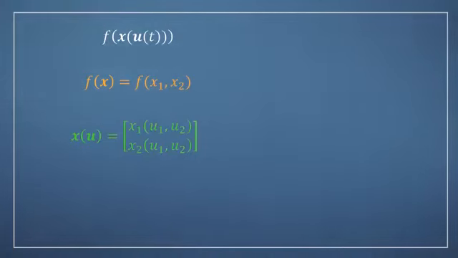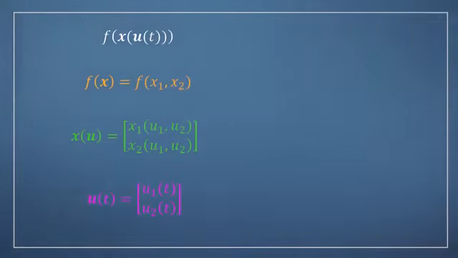As in the last video, the bold symbols indicate vectors. So u is again a vector-valued function, and it takes the scalar t as its input. Ultimately, we are still relating the scalar input t to a scalar output f, but we're doing this via two intermediary vector-valued functions, x and u.